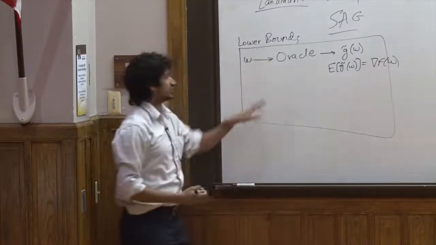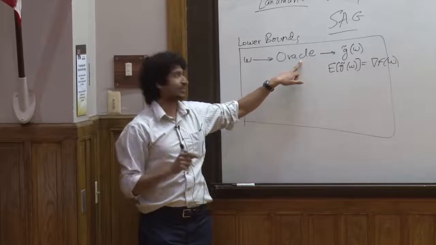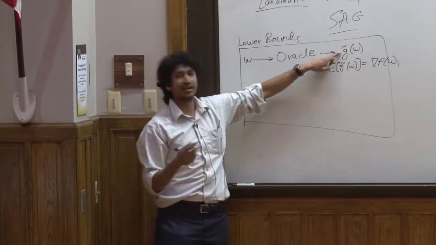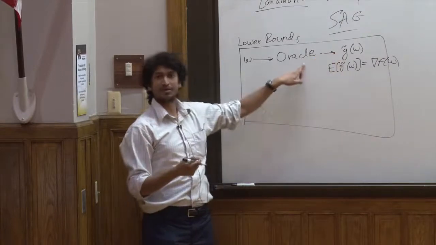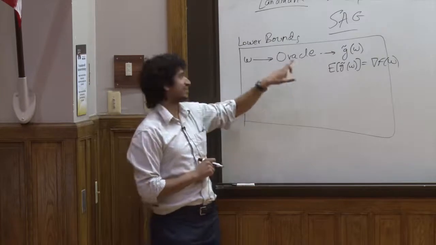This is what's called a stochastic first order oracle. It's stochastic because it returns something noisy to you. It's first order because it returns gradient information to you. And it's an oracle because it knows the function and you don't know the function.